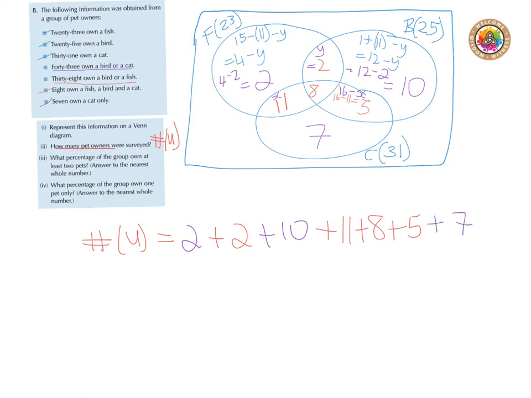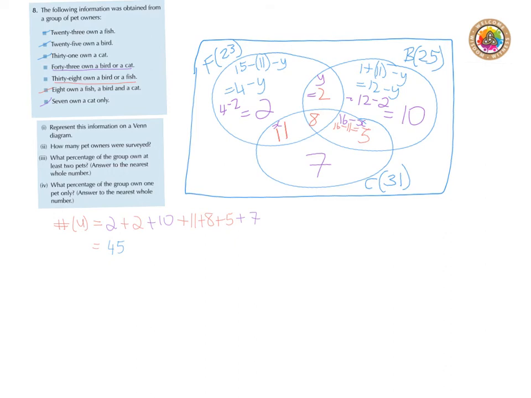And so when we add all of those together, that gives us 45. And so up here I'm just going to write in my cardinal number of U is equal to 45.